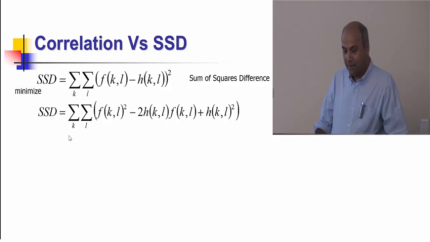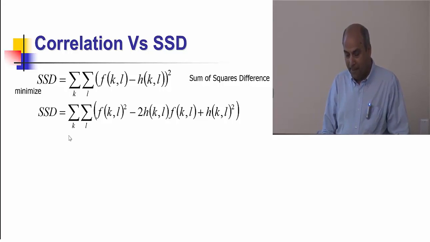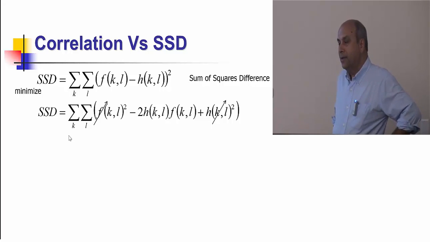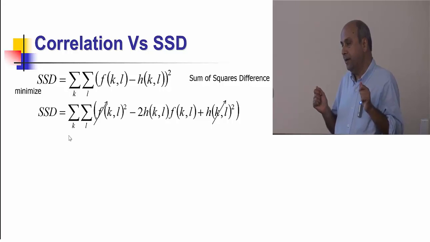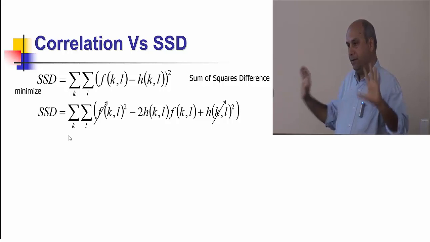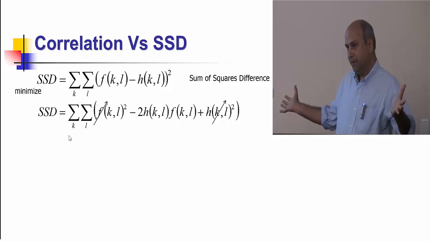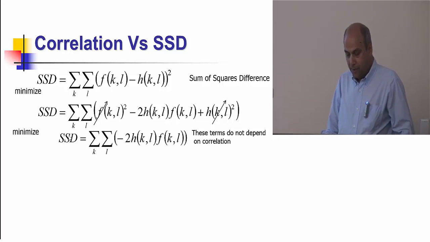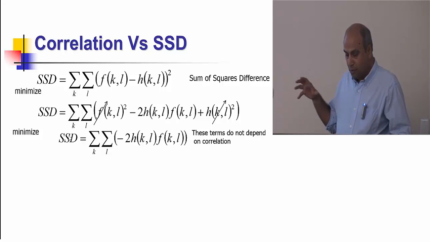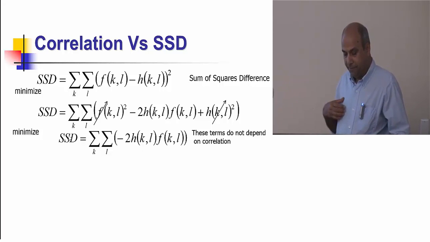So now we are going to simplify this, and we are going to say that, well, this F square and H square actually don't play any role in finding the correlation between F and H, because F is separate, H is separate. So we can delete that. Yes? Okay. So then we have minus 2HF.